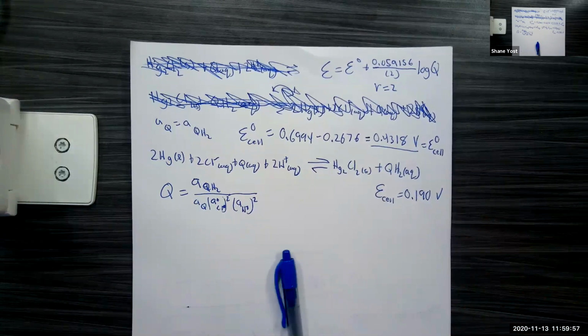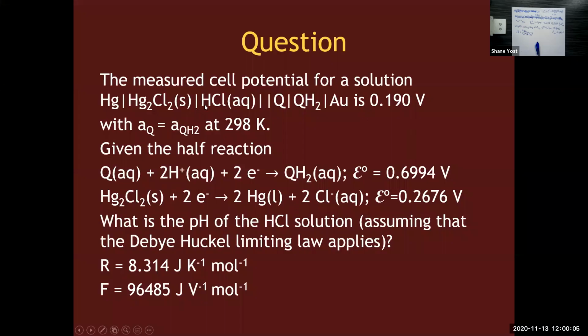As a reminder, I can't just alt tab over because then those on Zoom won't see it, so let me swap back here. As a reminder, in this line notation I have the anode and then the cathode, which means the oxidation reaction is occurring on the left, the reduction reaction is occurring on the right. So I've got to flip my bottom reaction here to make this an oxidation reaction.